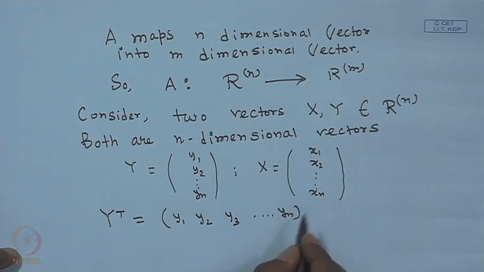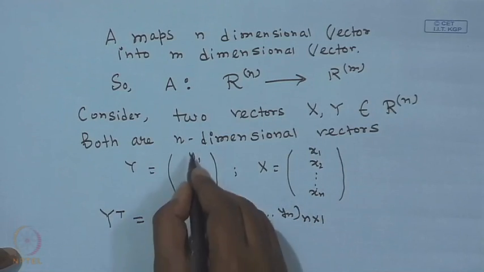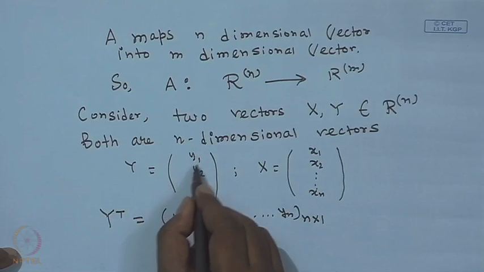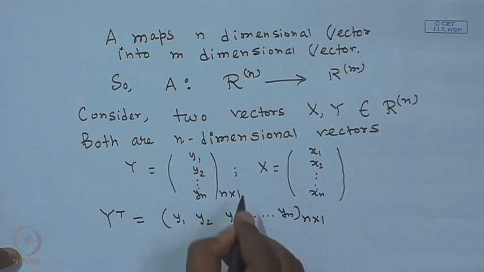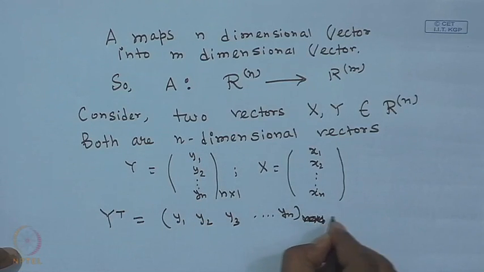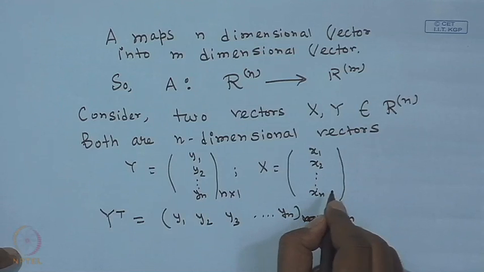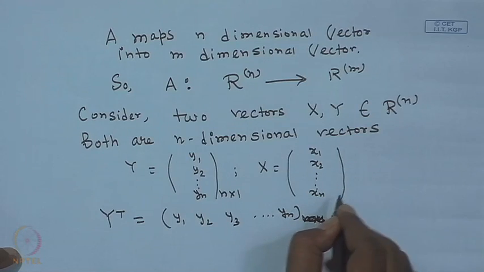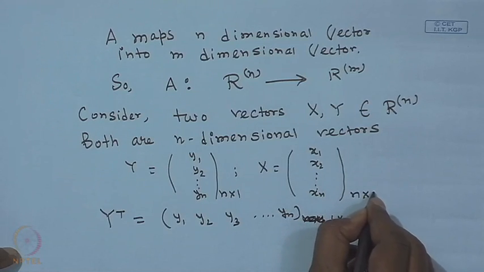Then it has a size 1 into n, while y was n into 1, since there are n number of rows. This is y transpose, and x also has n number of rows and 1 column, so n into 1.